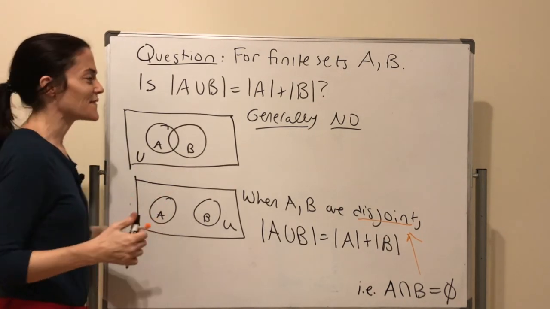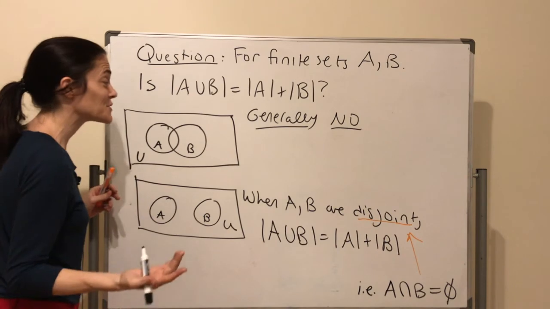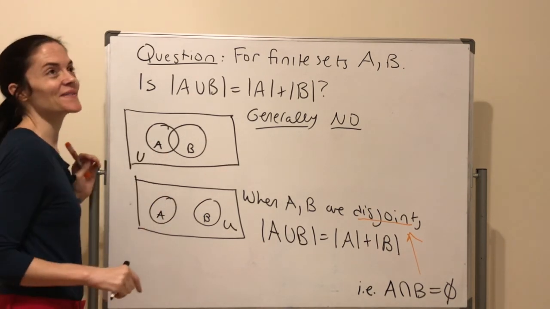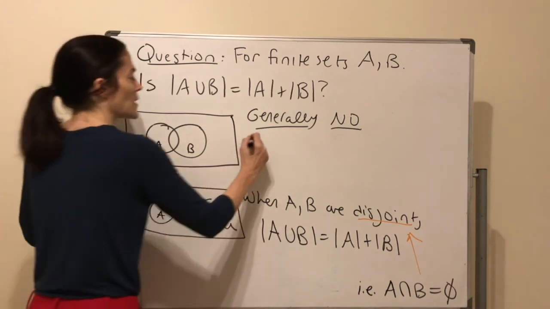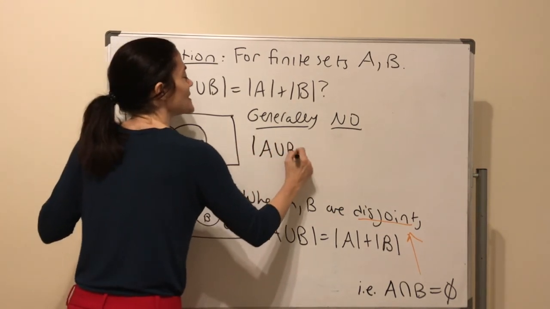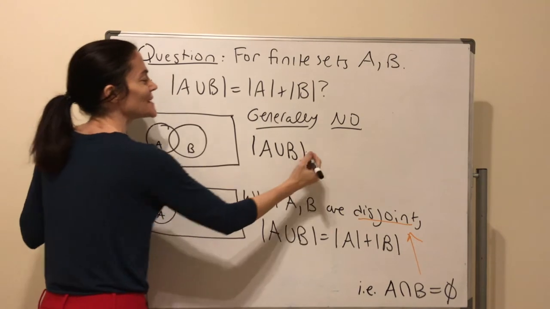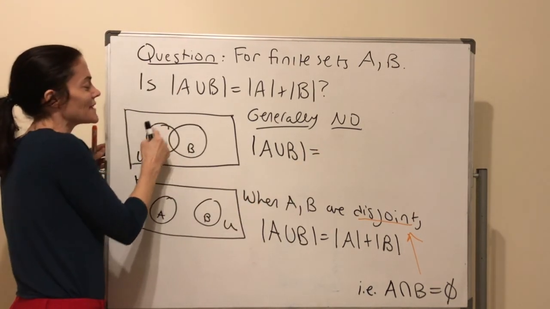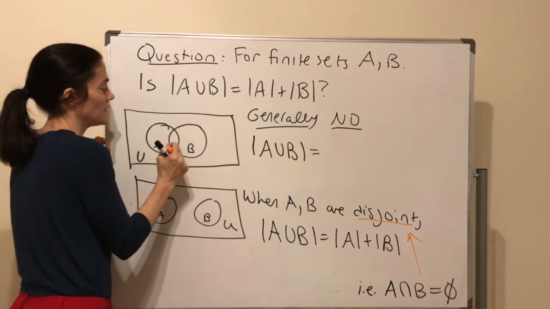Now, let's take a few moments and think about what is true in general, which goes back to this Venn diagram for finite sets A and B. And I was starting to talk about why just adding the two doesn't work. Okay, here, add up everything in A. Now, I will shade, okay?